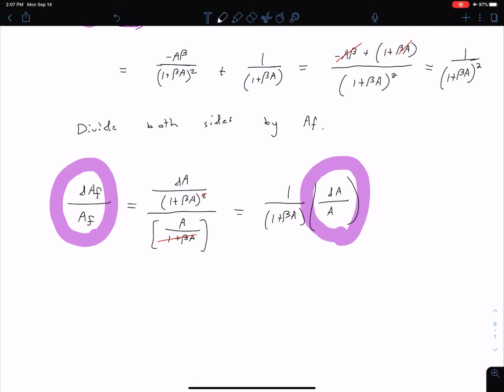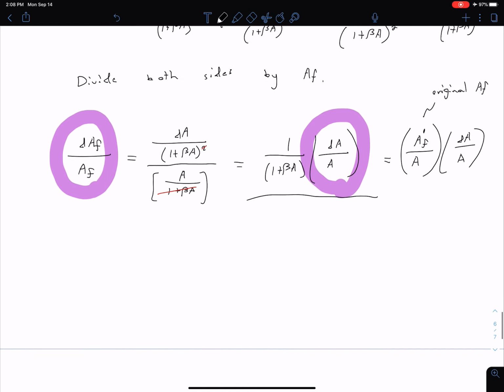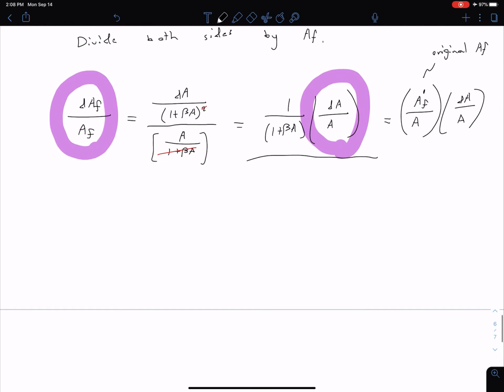We could also write this as AF divided by A times dA over A. It's worth noting that in the notes this is how I have it written, but we probably should specify some kind of A prime here or something, just to indicate that this is the original closed loop gain, AF. But if you want to be careful, we can just use this expression, and in the next video we're going to come back and look at an example.